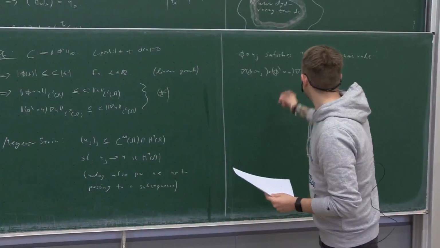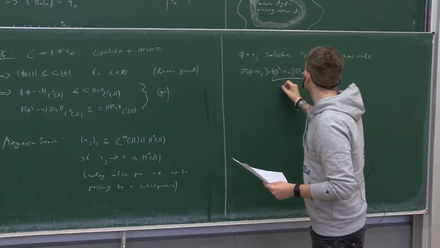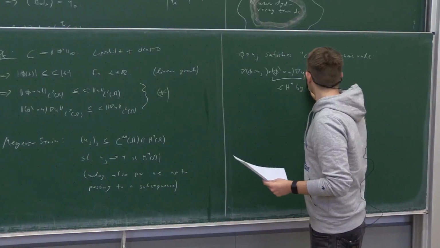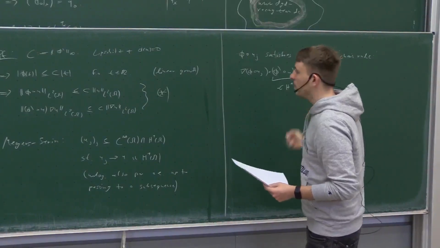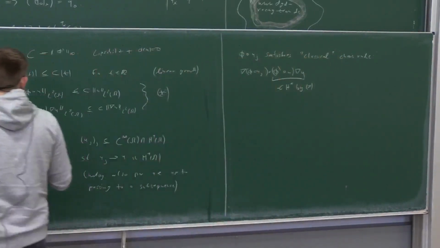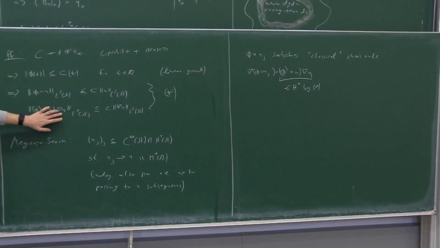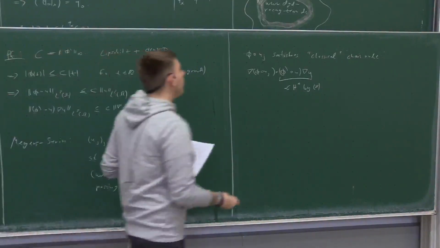So this is in H1 by star. It's just written here, and here it's formulated with u, but it's of course an estimate that holds for all u in H1. So I can also apply it with uj, of course.